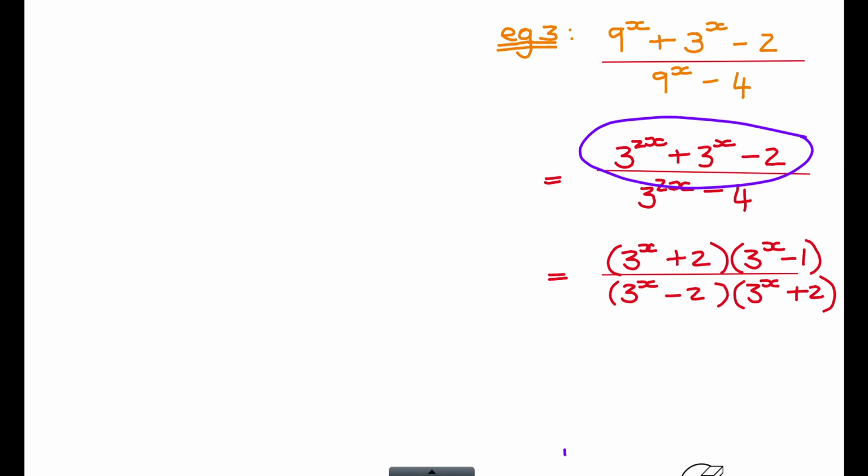Okay. Can you see anything? Can anything cancel out? Do you see 3 to the power x plus 2, 3 to the power x plus 2?